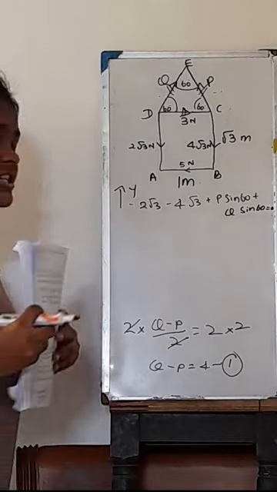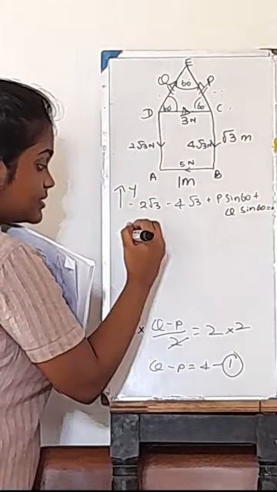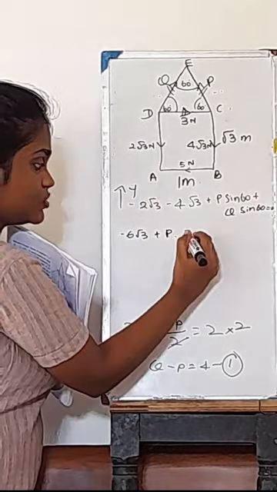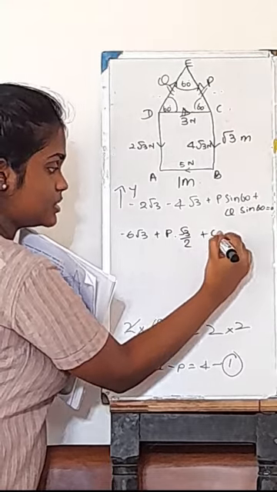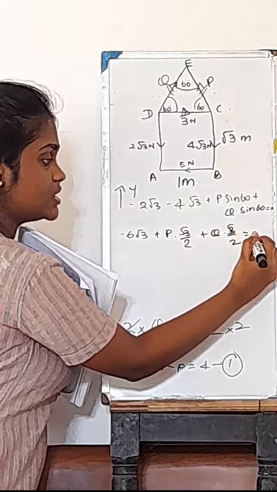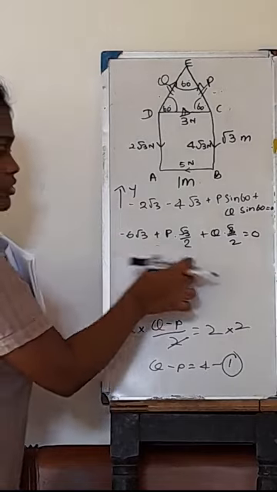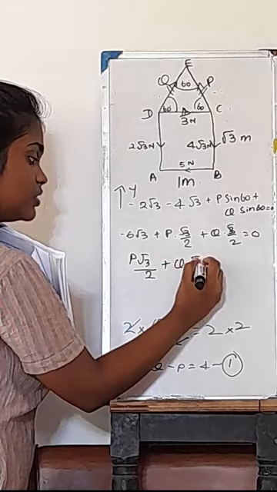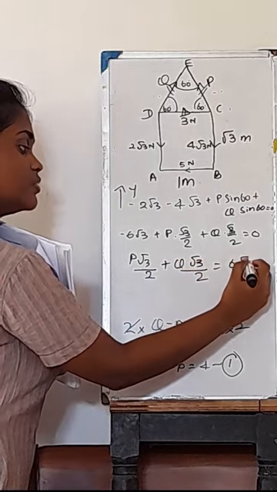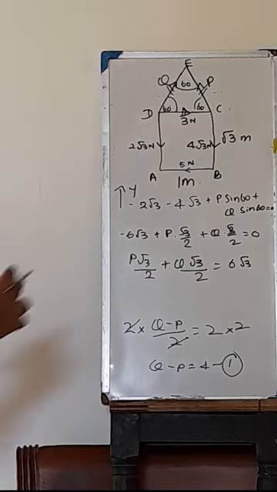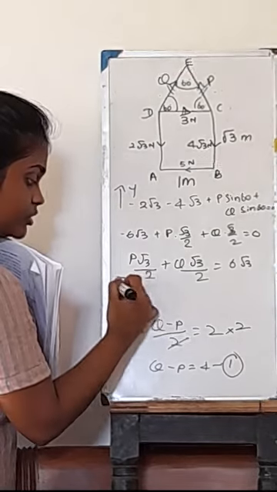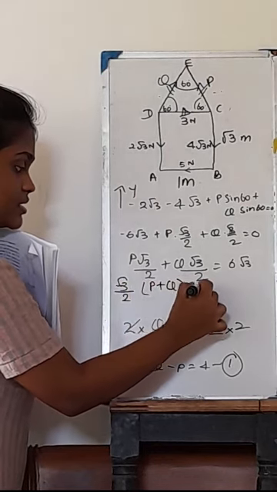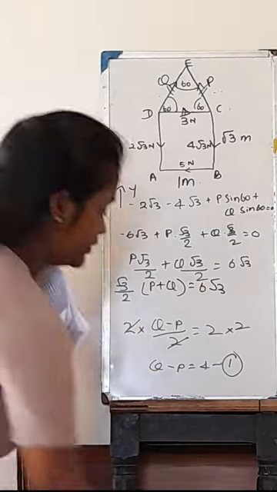Now we have to simplify this. So we get minus 6 root 3 plus P. What is sine 60? Sine 60 is root 3 over 2 plus Q root 3 over 2 equals 0. I take minus 6 root 3 to the other side. So it's P root 3 over 2 plus Q root 3 over 2 equals 6 root 3. Okay. So then I'll take root 3 over 2 out. So it's P plus Q times root 3 over 2 equals 6 root 3.